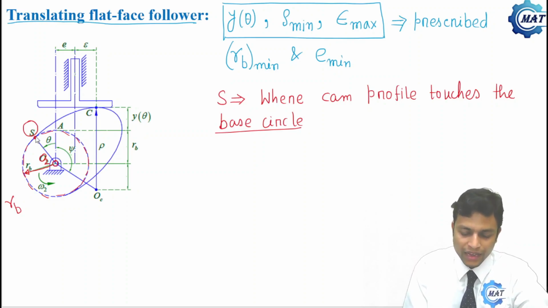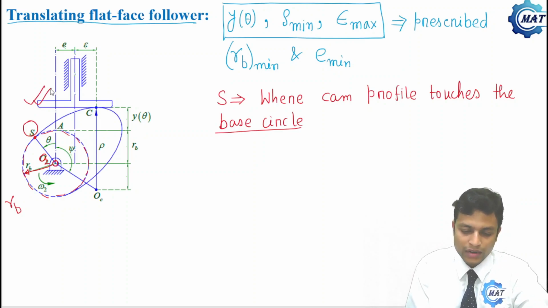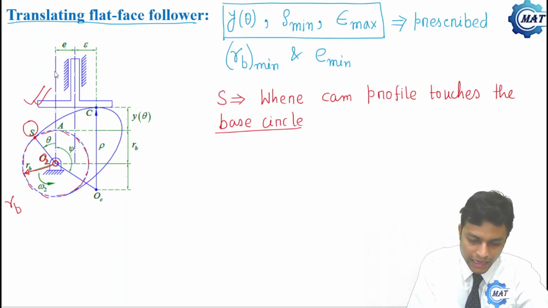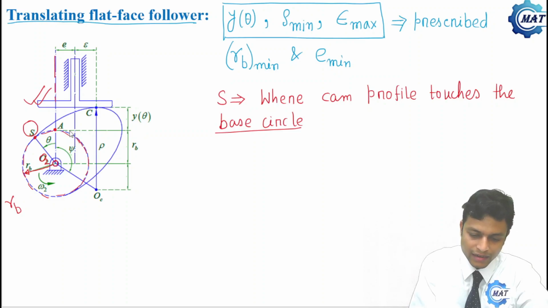So it is obvious that the minimum height of the follower occurs when S is vertical, that is, S is on this line, the base circle, the red circle.